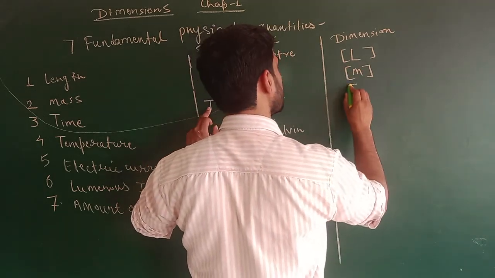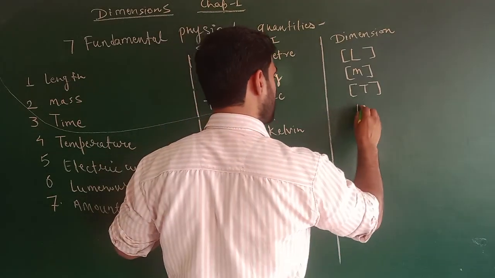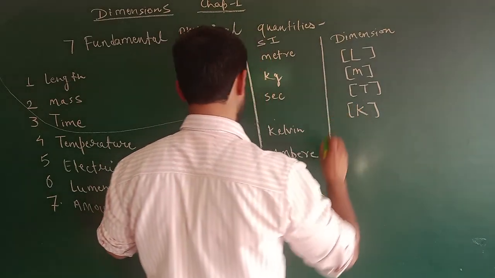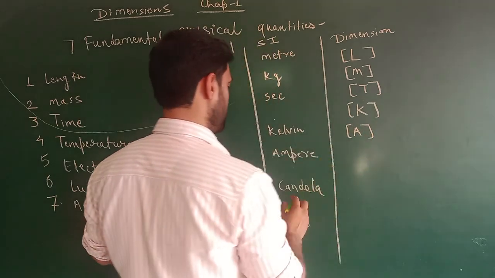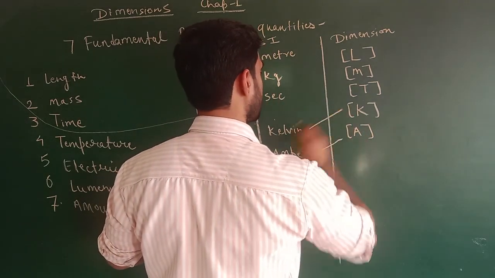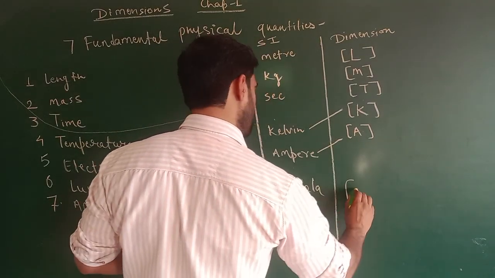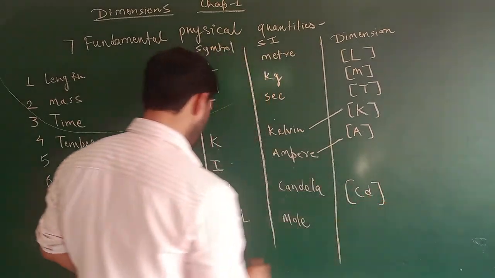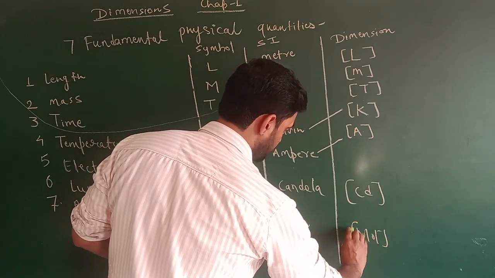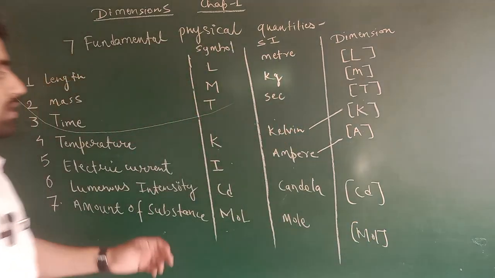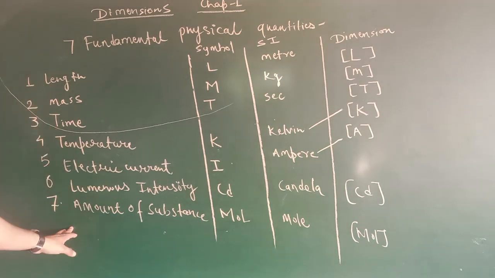Then mass, dimensional formula of time, dimensional formula of temperature, dimensional formula of current, dimensional formula of luminous intensity and dimensional formula of amount of substance, mole. So these are the dimensional formulas of the different fundamental physical quantities.